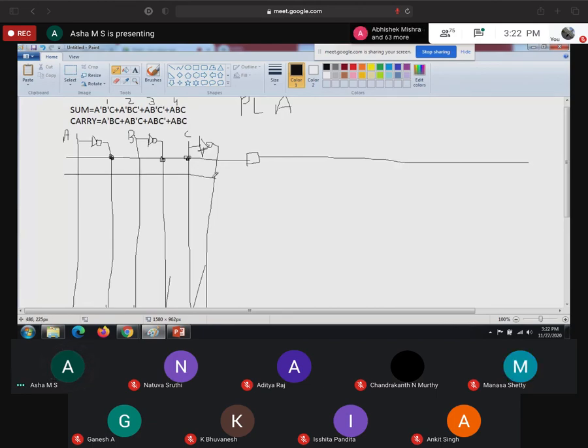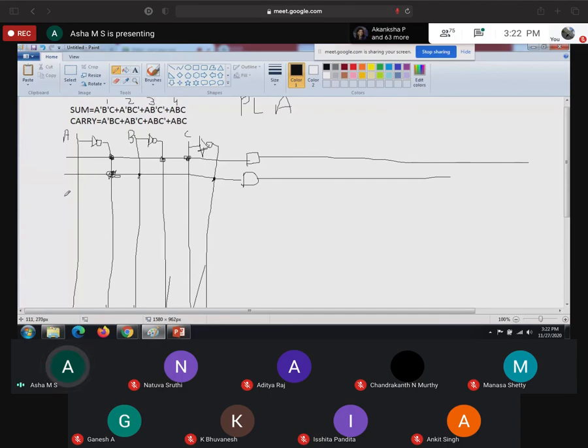Second product: A bar, B, C bar. This gives the second product.